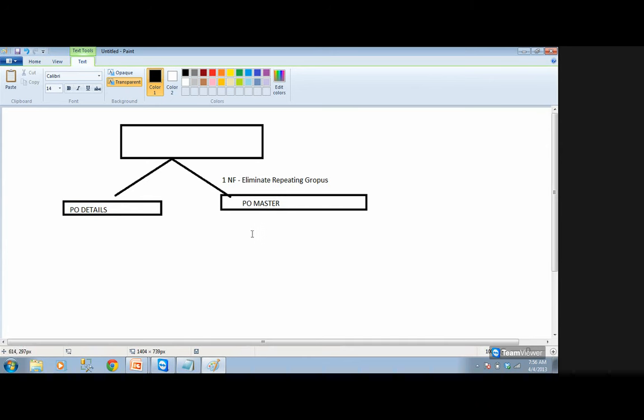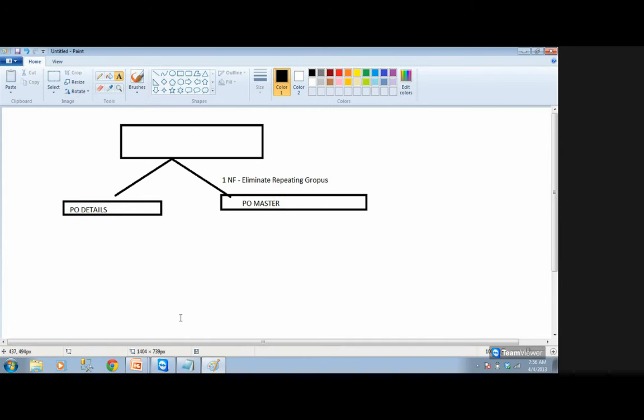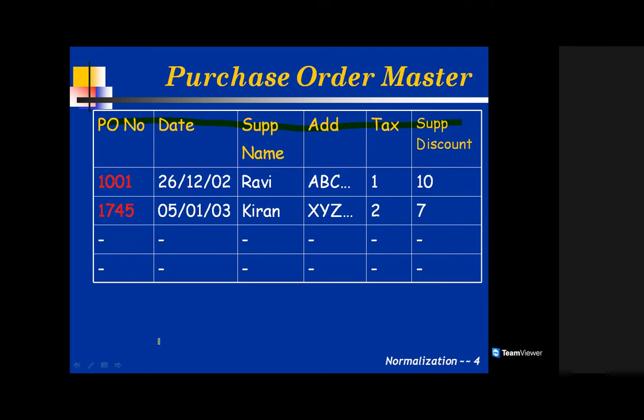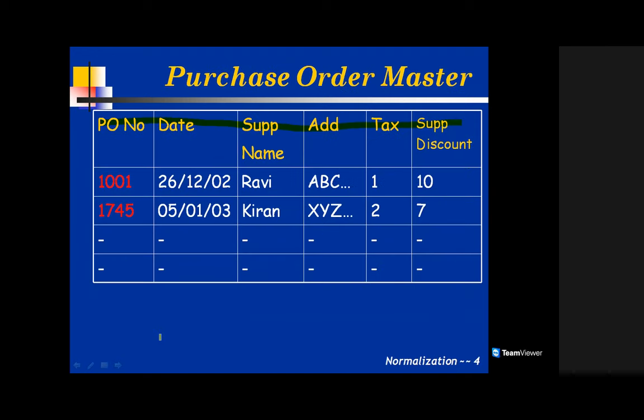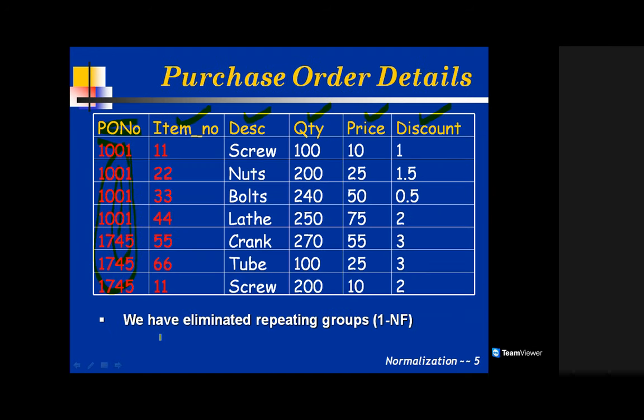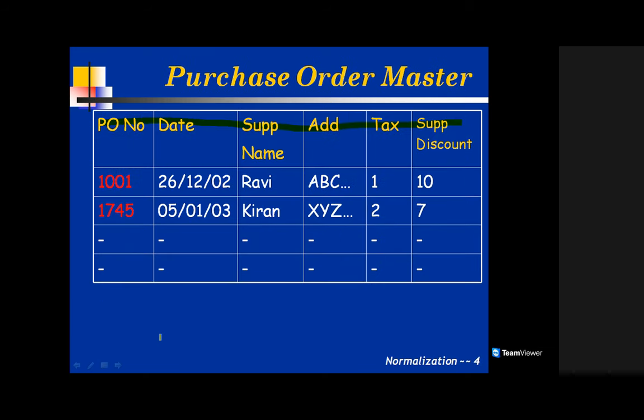Okay, I have two tables. So this is purchase details, and this is the purchase master. I have created these two tables.